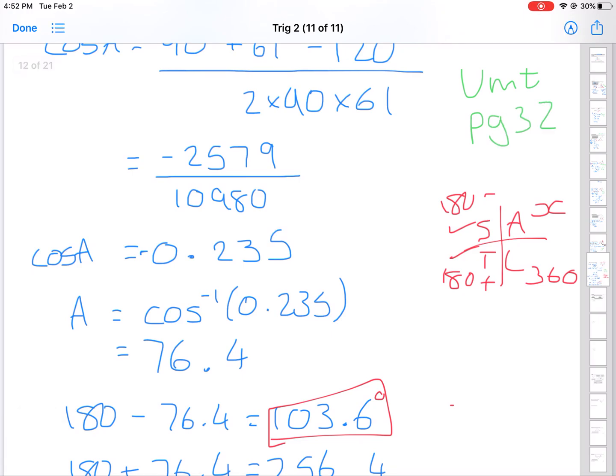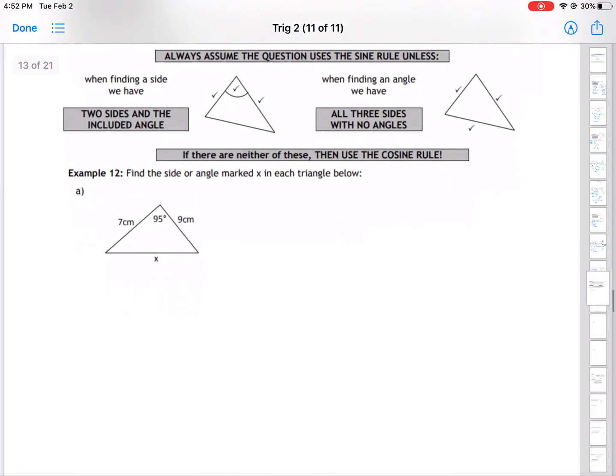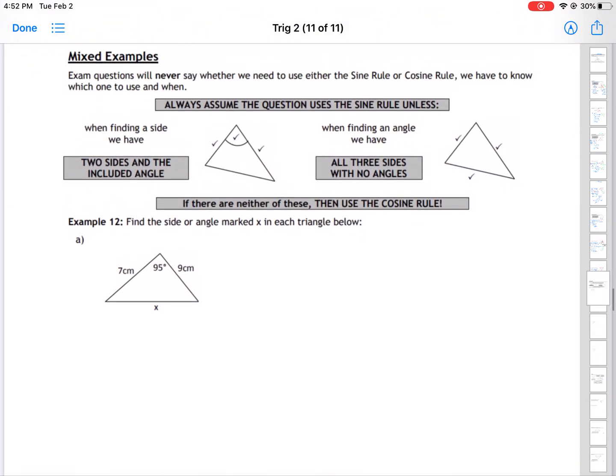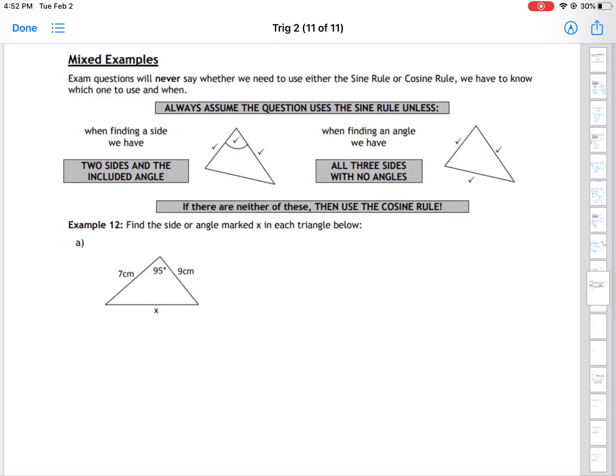Okay, moving on to some mixed examples. So this is where we have to decide which one of our formulas we're going to use, whether it's the sine rule or whether it's the cosine rule. Now, in this case, there are a couple of little rules you can think to remember. If you have two sides and an angle, then we are going to use the cosine rule.